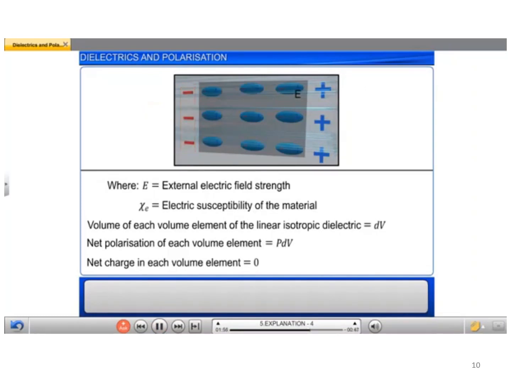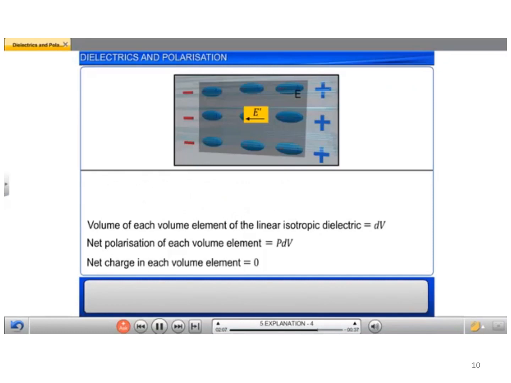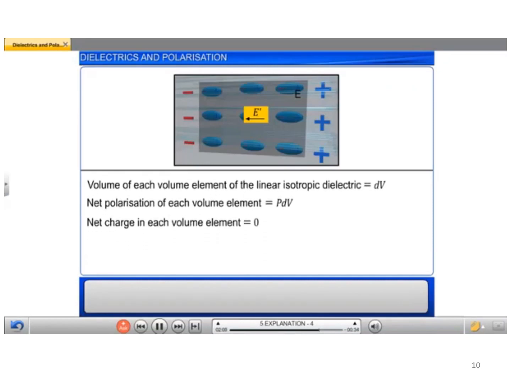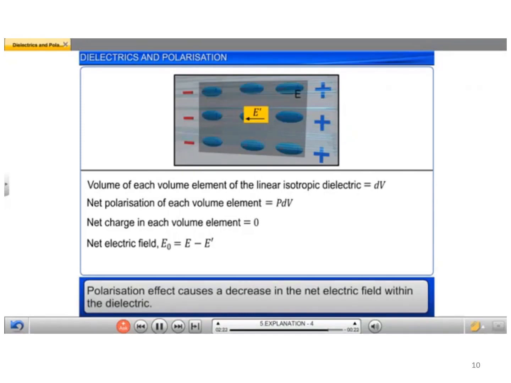This in turn causes a weak electric field of strength E' to be induced in a direction opposite to that of the uniform electric field of strength E. Therefore, the net electric field E0 in the dielectric will be equal to E minus E'. Thus we observe that the polarization effect causes a decrease in the net electric field within the dielectric.